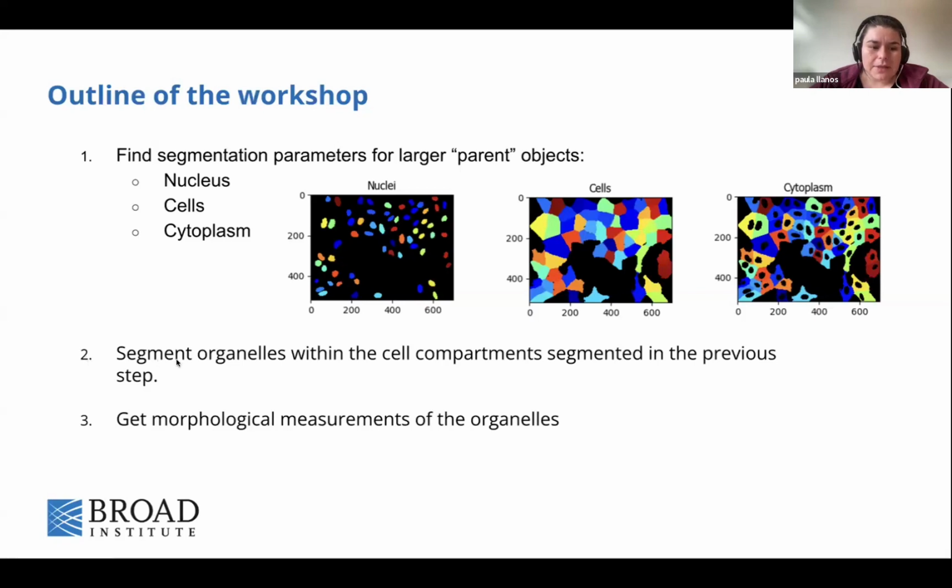The second aim will be to segment some organelles within the cell compartments that we already segmented in the first part. The organelle that we are segmenting is the nucleoli, which will be inside of the nucleus. And at the end of the tutorial, you will be able to get some morphological measurements of the organelles.